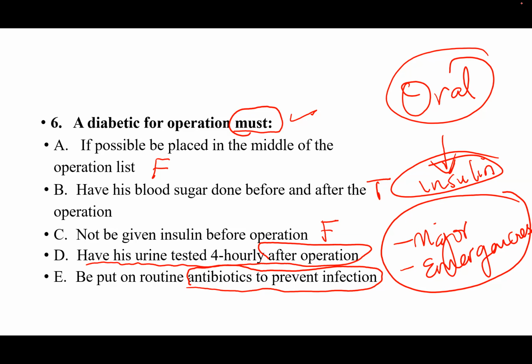Thank you, sir. So tell us why it's false. So we usually give prophylactic antibiotics. Excellent. This guy is a surgeon. It's not routine, it's prophylactic, to prevent infection. All of you were just saying true. So it's prophylactic antibiotics, and it's just a single dose you give, except when? When will you add a second dose?